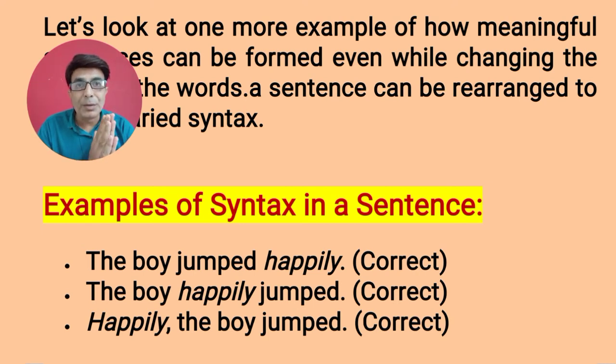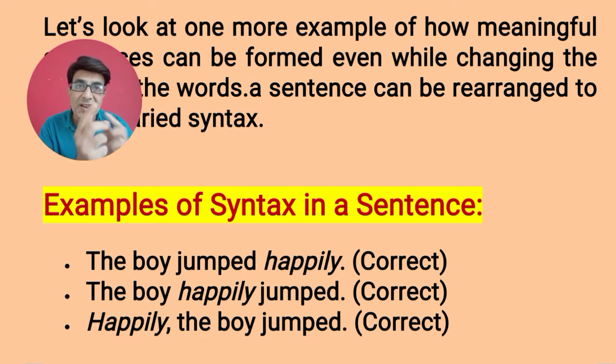Take this example. The boy jumped happily. Okay? Here the subject is the boy and the verb is jumped. Subject, verb. And happily is the adverb. Right? Subject, verb and adverb. The boy jumped happily is a correct sentence.